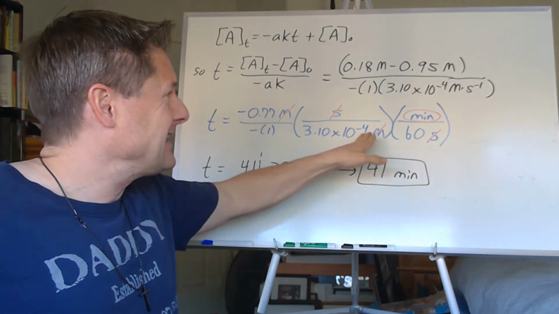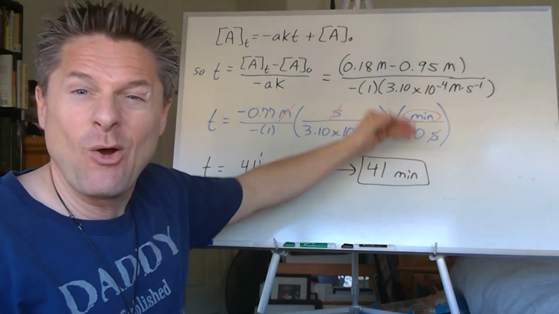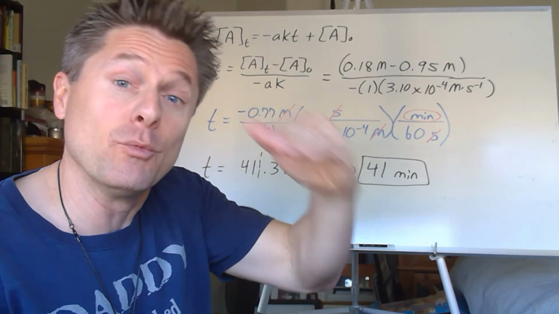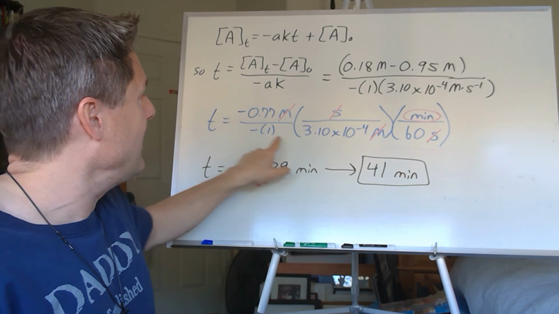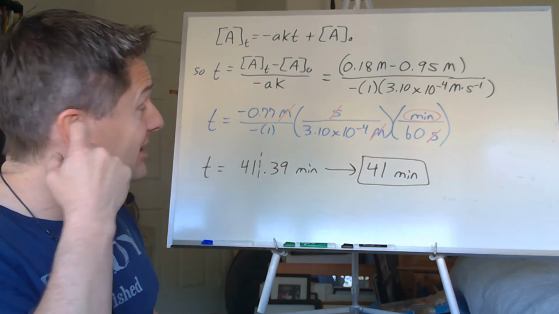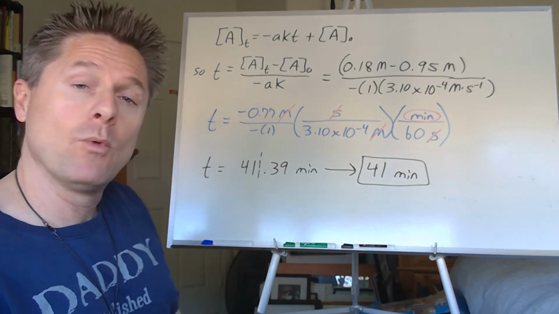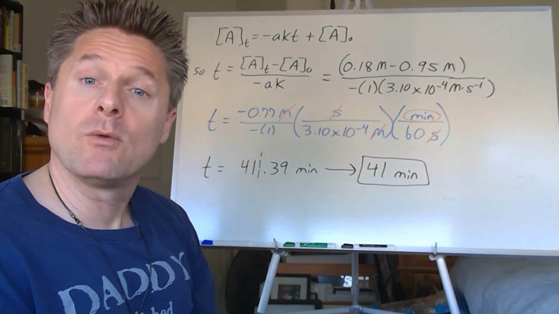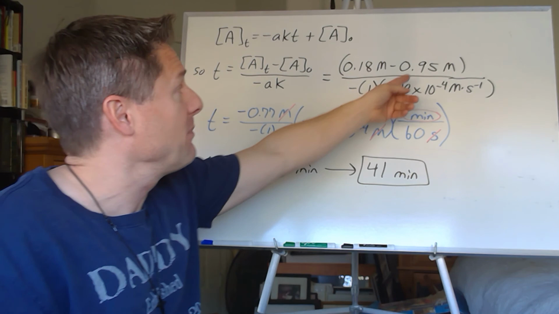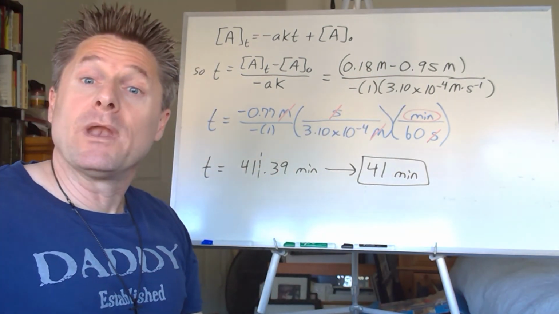I don't technically have to do that, but that way I know I've got everything correctly in the numerator versus denominator. So that 60 is exact, 3 sig figs there, the 1 is exact, 2 sig figs there. I'm good at 2 sig figs. I get 41.39 minutes, good to 2 sig figs: 41 minutes. It takes 41 minutes to drop it from 0.95 to 0.18 molar.